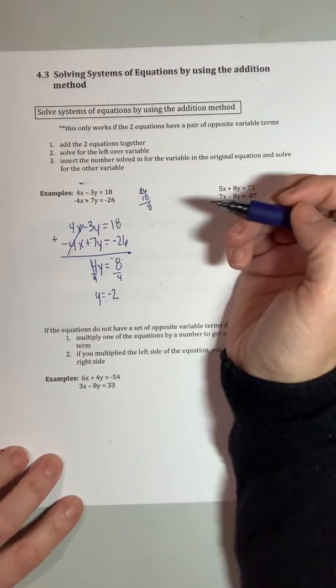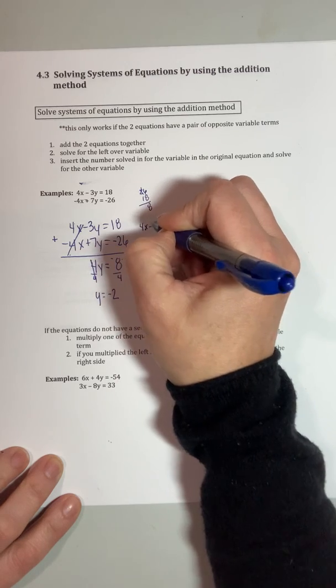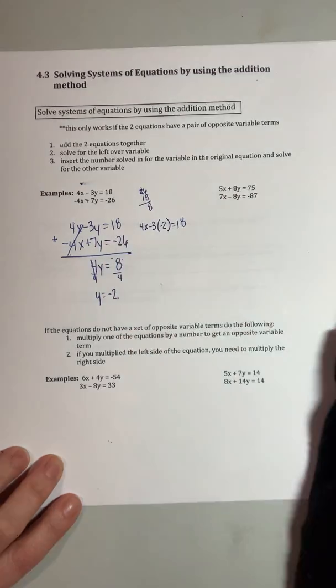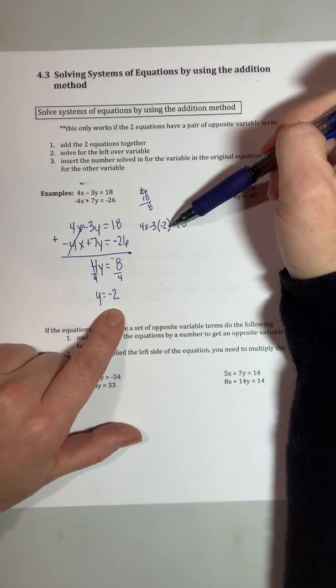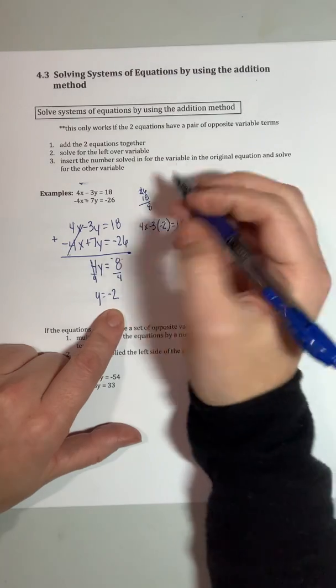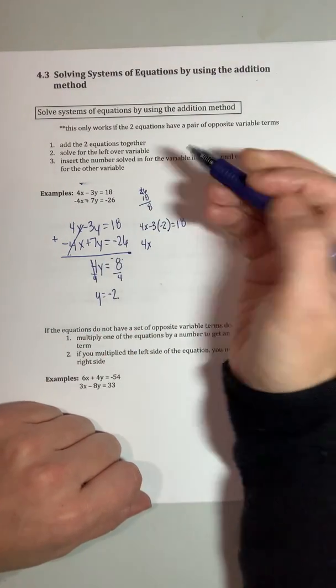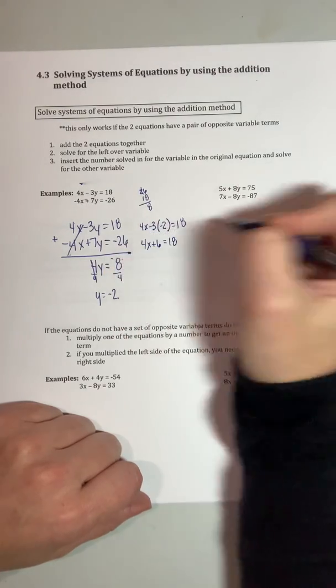So I'll just put it into the top one. So I have 4x minus 3 times -2 equals 18. Since y is -2, where I saw the y, I put a -2. So I have 4x, -3 times -2 is positive 6, equals your 18.